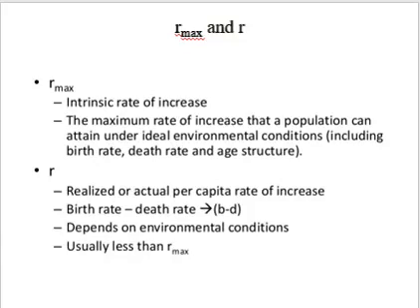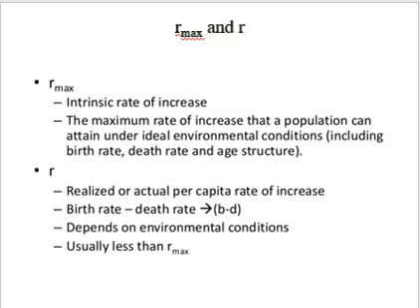So again, your R max and that little r value, they are two separate things, right? R max is what could be obtained under ideal conditions. The true rate of increase, or the actual or realized rate, that is little r.